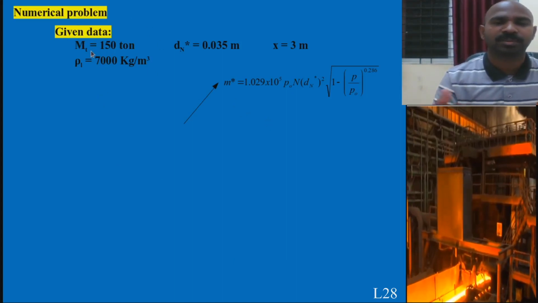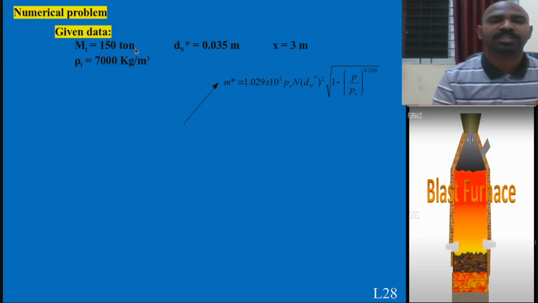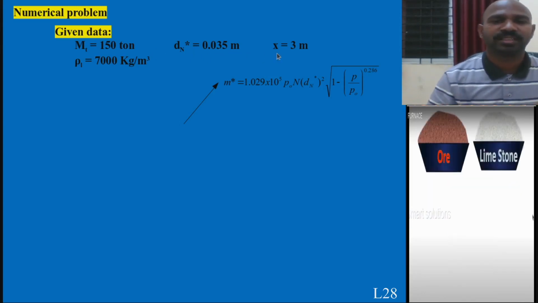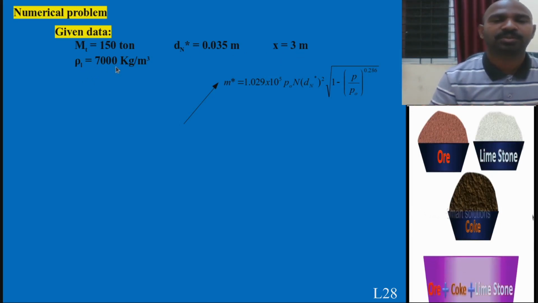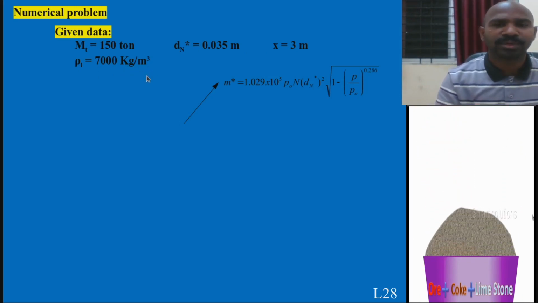If I give you the molten metal capacity produced by the LD converter, and the nozzle diameter used for this process is 0.035 meter, the lance height above the molten metal surface is 3 meter, and the density of molten steel is 7000 kg per meter cube.